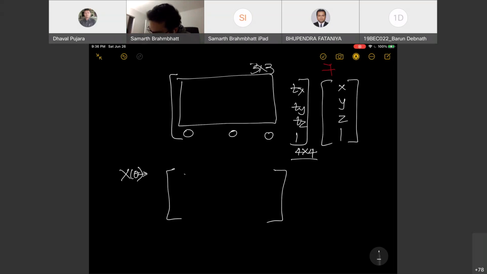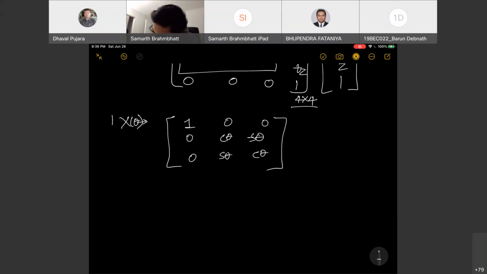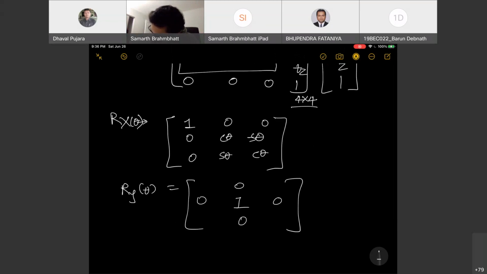So that means you have 1 0 0 here, 1 0 0 here, and then you have cos theta, minus sin theta, cos theta. Similarly, when you want to rotate around y-axis by theta, it will be 1 here, 0 here, cos theta, minus sin theta, cos theta.